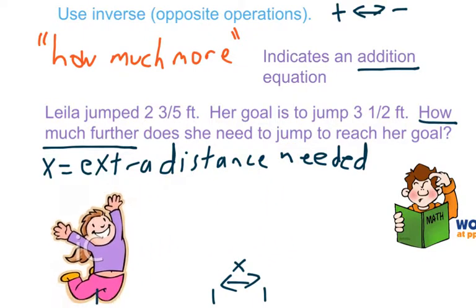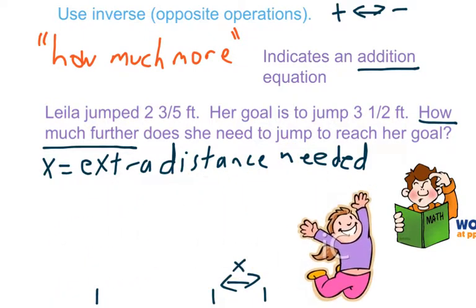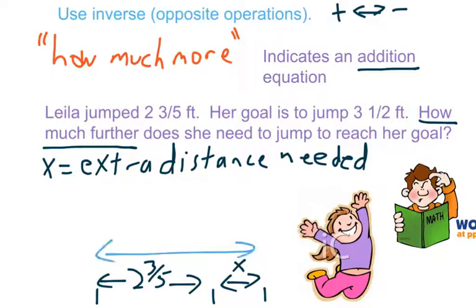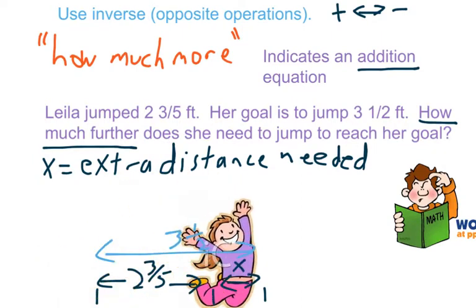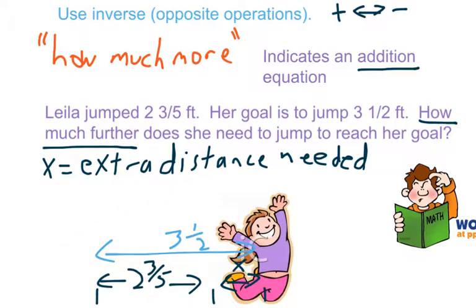But Layla's already jumped 2 3/5. And we know the whole thing all the way across is 3 1/2. So she's working up to it. She's practicing, hopefully getting a little further each time until she can reach her goal.